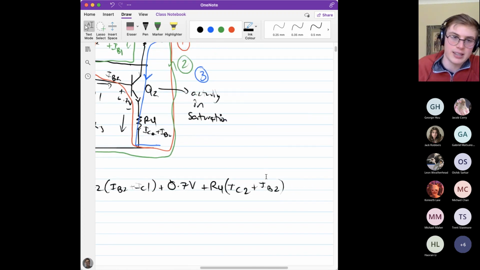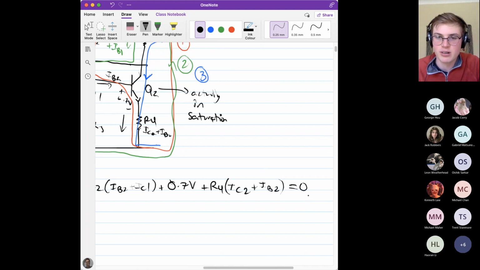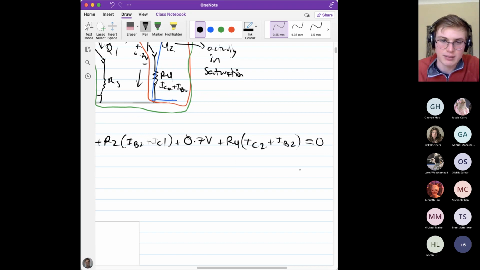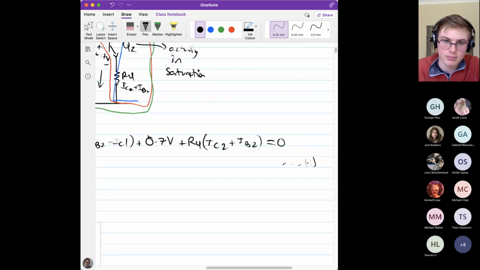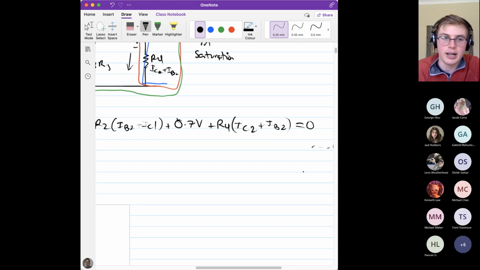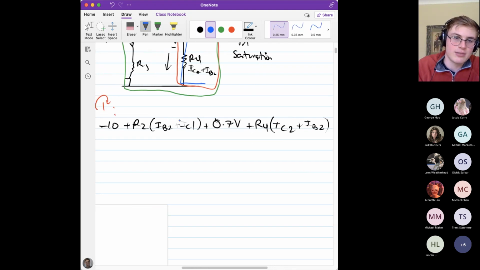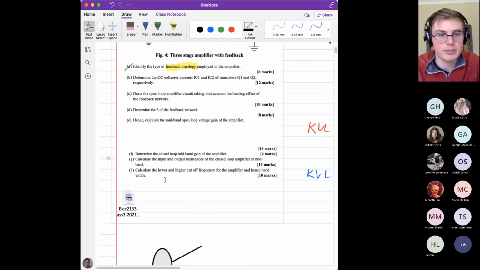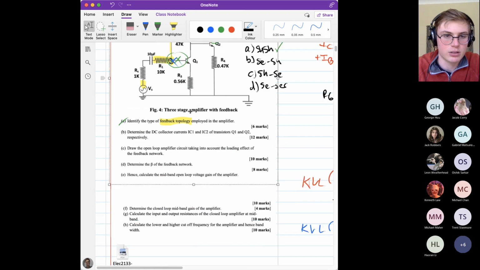And we're going to say that current then loops back up to -10, so that's equal to 0. We could plug in all our values and get equation 1. So then let's do KVL around loop 2. And let me copy these questions for you.